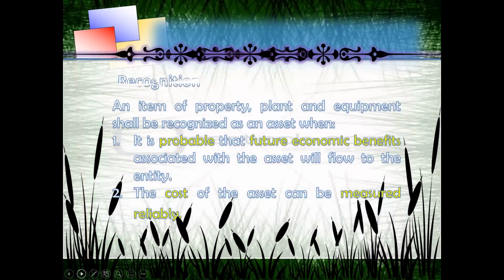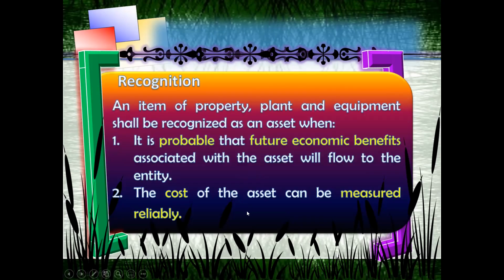Okay? So next naman is, let us know kung kailan ba natin dapat i-recognize yung property, plant, and equipment. So based on the standard, ang sabi niya dito, an item of property, plant, and equipment shall be recognized as an asset when, unang-una, it is probable that future economic benefits associated with the asset will flow to the entity.